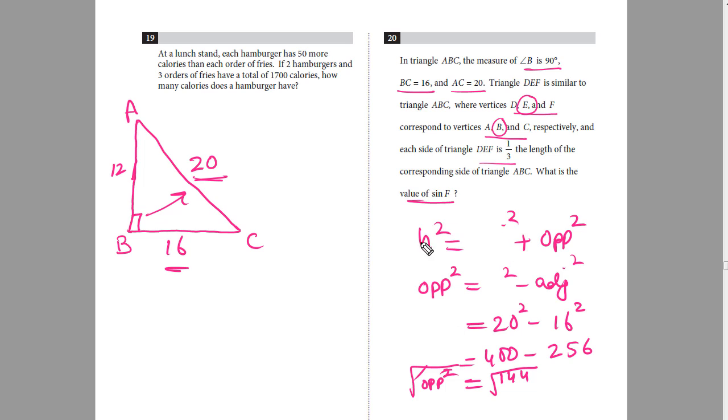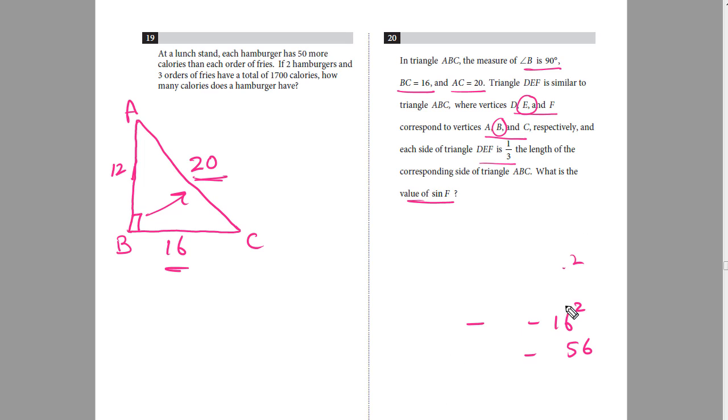Okay, now I'm going to draw the triangle DEF with sides 1/3 of triangle ABC. So triangle DEF will be like this, a smaller triangle. This is the 90 degree angle.